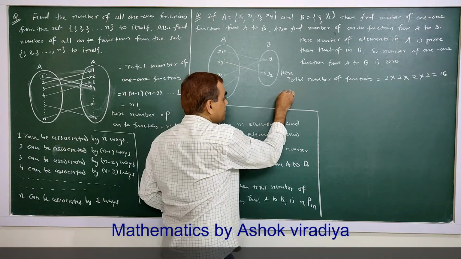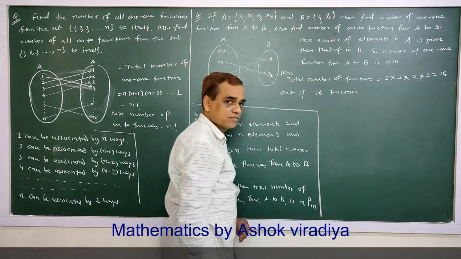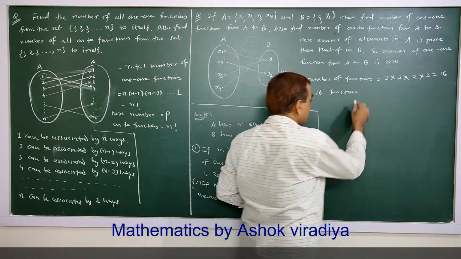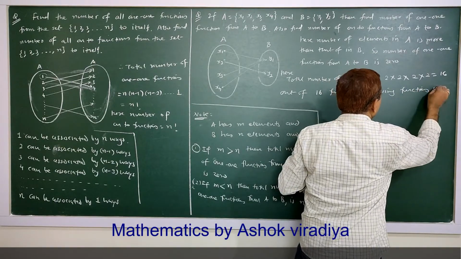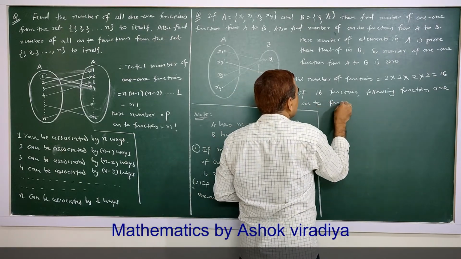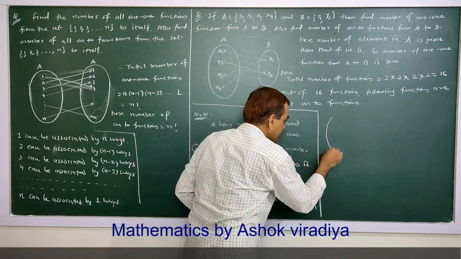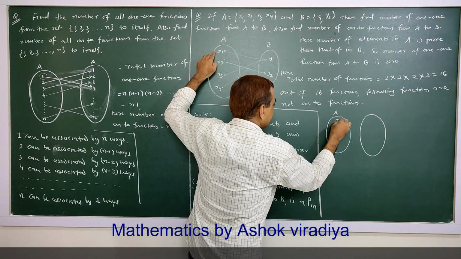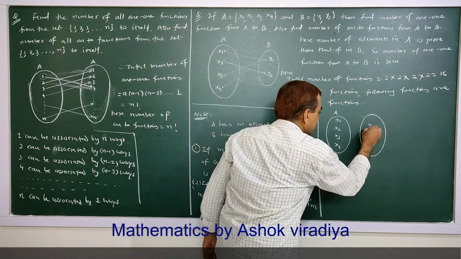Now out of 16 functions, I am showing the functions which are not onto. Say in set A there are 4 elements, and in set B there are 2 elements.